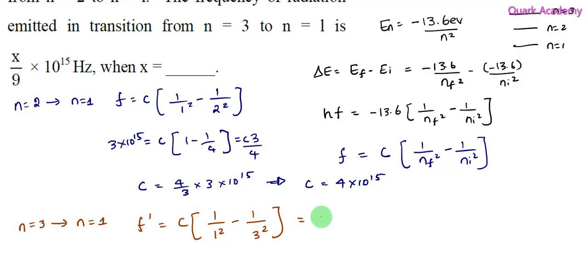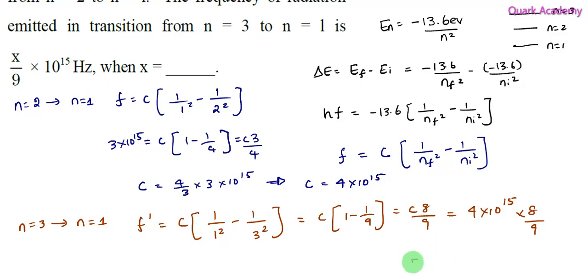So we get 1 minus 1 by 9, which becomes C into 8 by 9. Substituting the C value, C is 4 into 10^15 into 8 by 9. This becomes 32 by 9 into 10^15 hertz. This is our F dash.